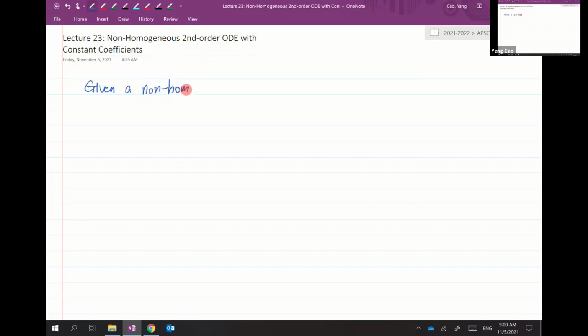So first of all, what does a non-homogeneous second order ODE look like? We're talking about a very simple case here, an ODE with constant coefficients.